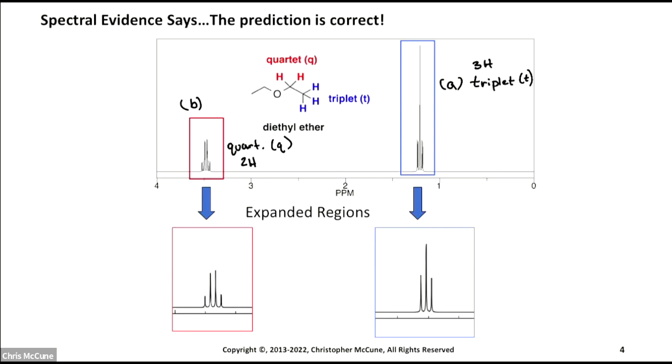And so you can see here, you've got a quartet. This is a 1 to 3 to 3 to 1 peak height ratio for that fine structure. So if you blow up the NMR, you can really see the fine structure of the signal, okay?